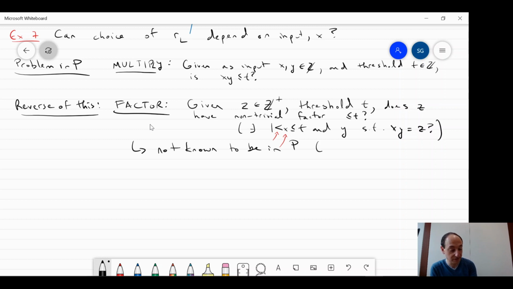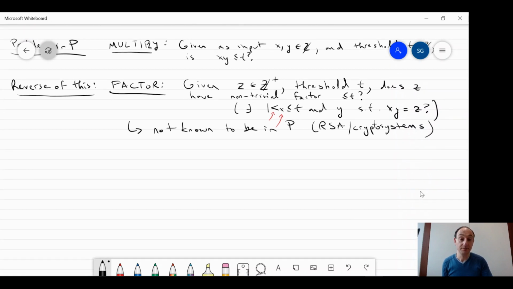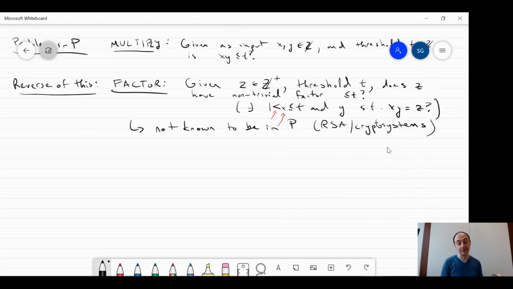And this is, in fact, what things like RSA and crypto systems rely on. The main crypto system I'm aware of that works based on factoring is RSA, but I'm not a cryptography expert. It's not known to be in P, and RSA relies on this. But it is in NP.